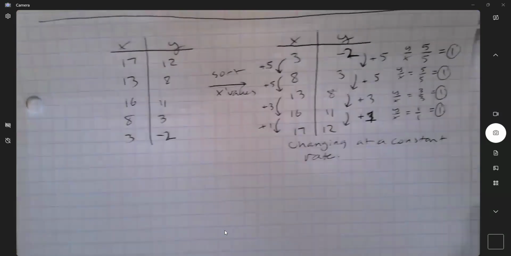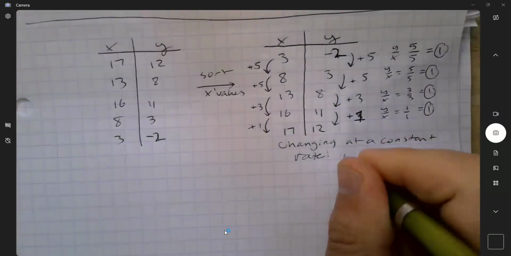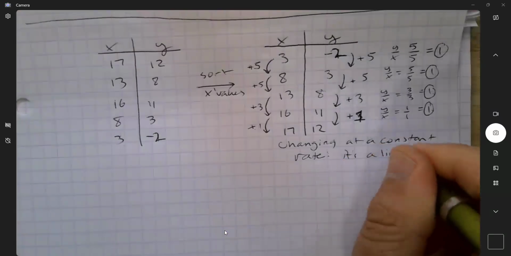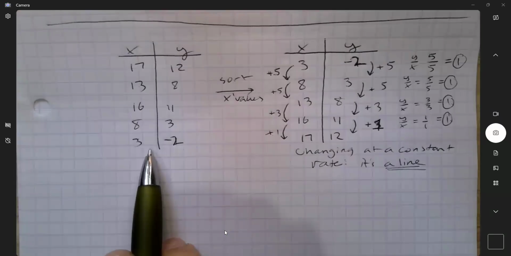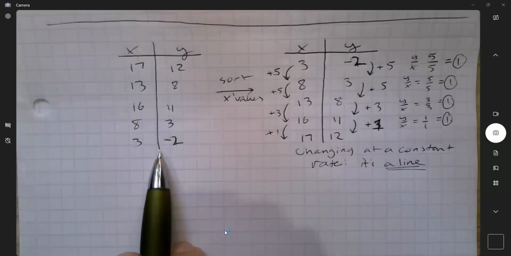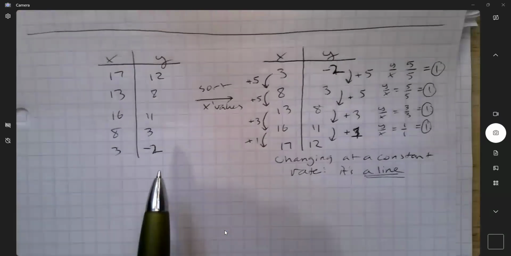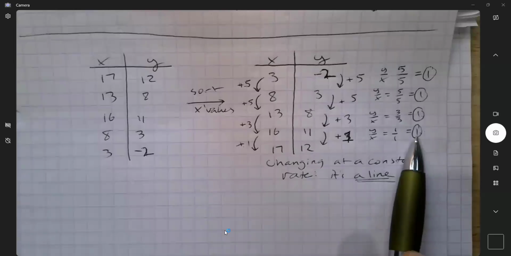And if it's changing at a constant rate, it's a line. And we can answer the question, does this data come from a linear equation? And yes, it does. And in fact, we know the slope of that linear equation is 1 because that's the constant rate of change.